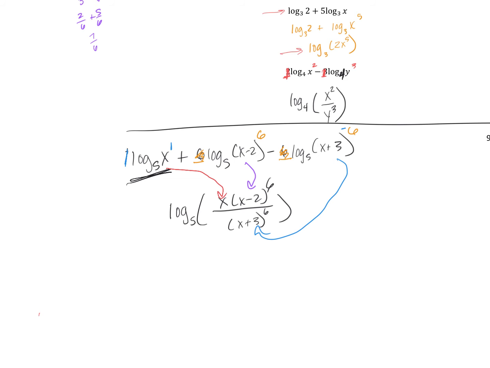The way that shows up in our fraction, positive exponents go on top, negative exponents go on the bottom. So when I see that this is a positive 1, this is an x to the positive 1 then. Positive exponents go on the top, negative exponents go on the bottom. We good? Okay.